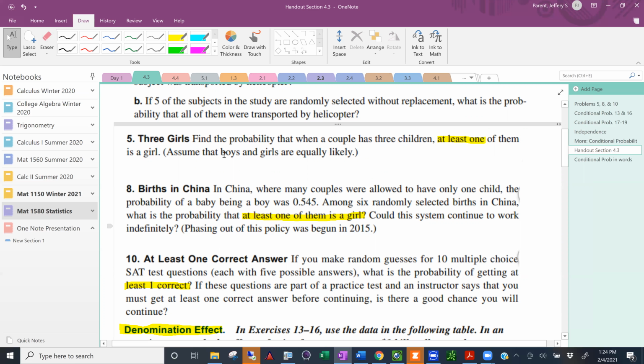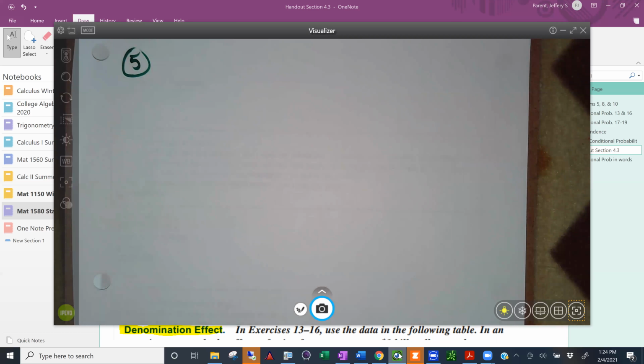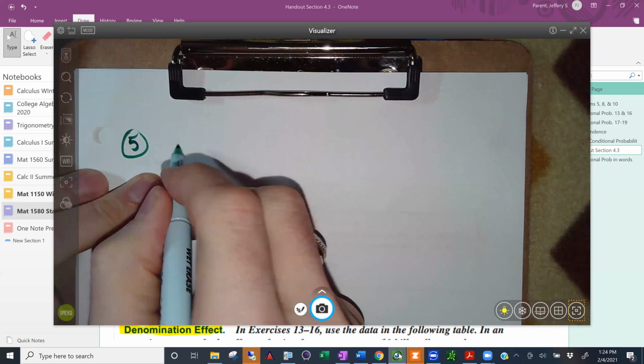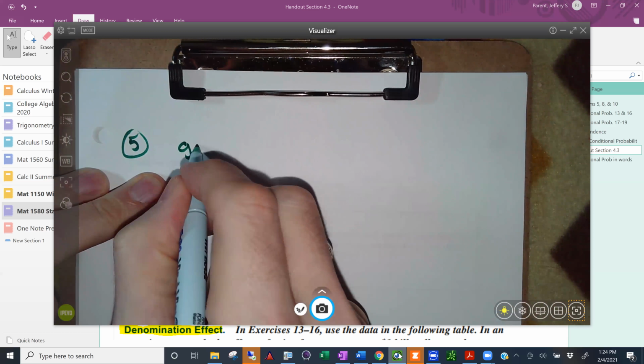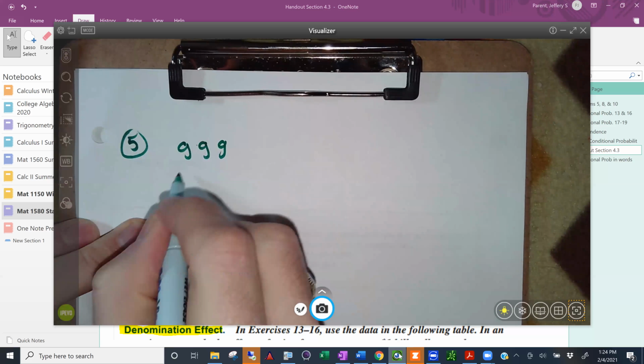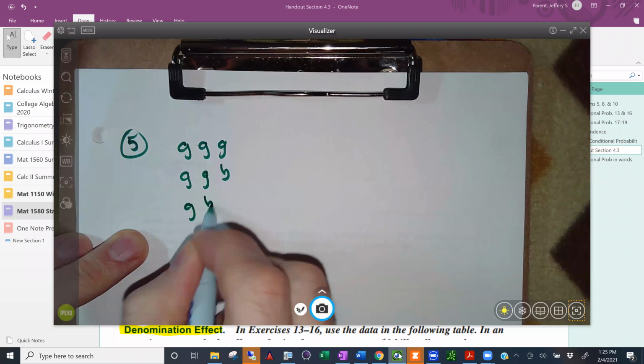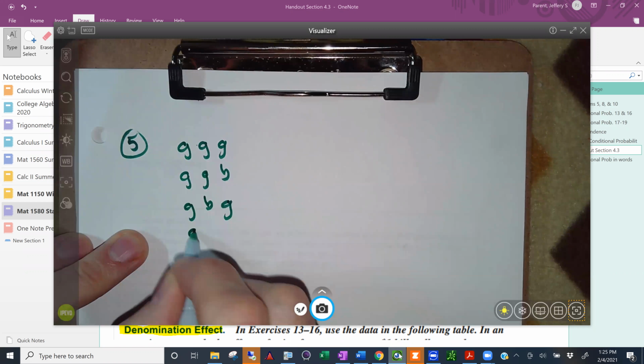Well, if boys and girls are equally likely, then the sample space is going to be filled with points that all have the same chance. So let me write down the sample space. We could have 3 girls, girl, girl, boy, girl, boy, girl, and girl, boy, boy.